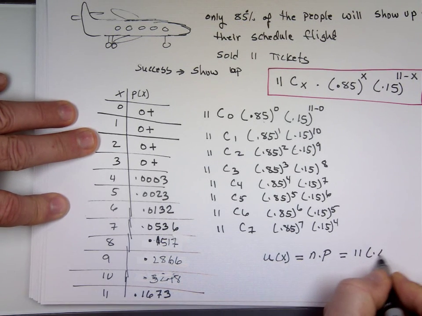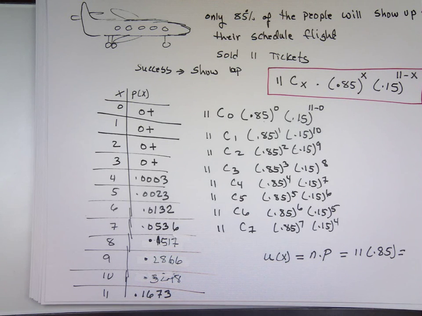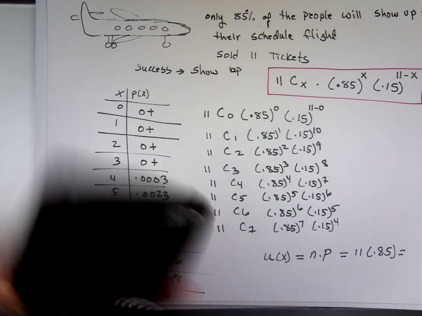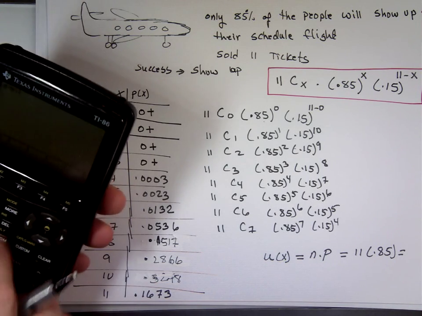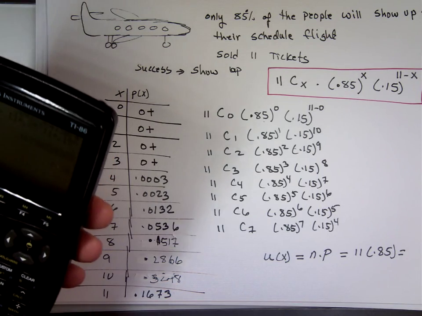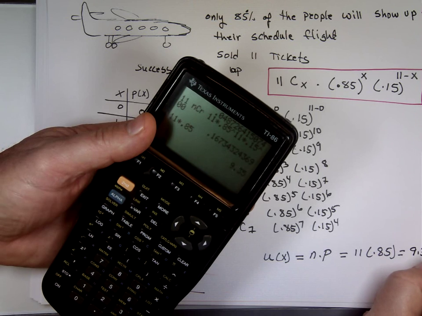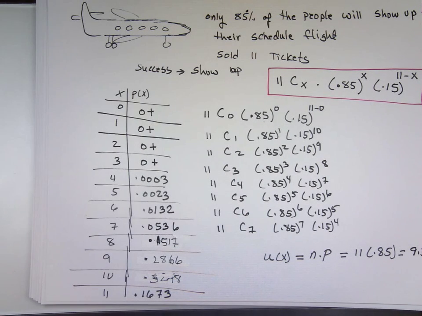That's how many people should show up to that flight. 11 times 0.85: we expect 9.35 people to show up. So we sold 11 tickets, and we expect 9.35, under 10 people, to show up.